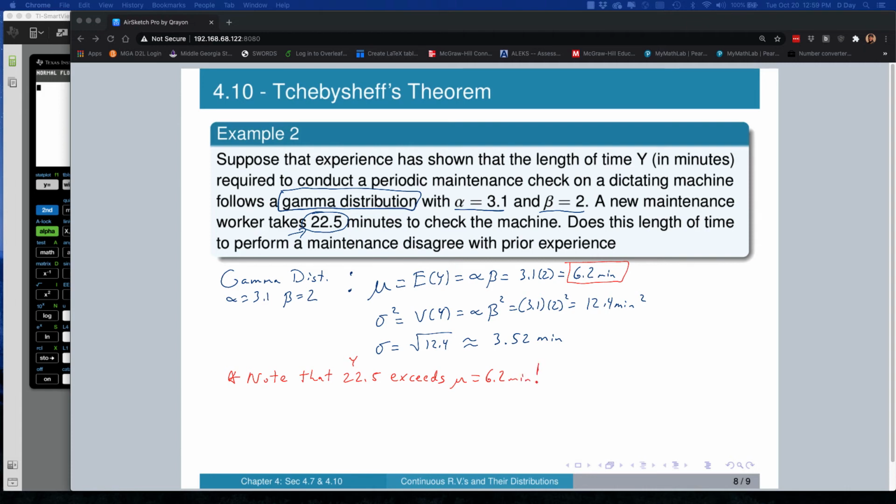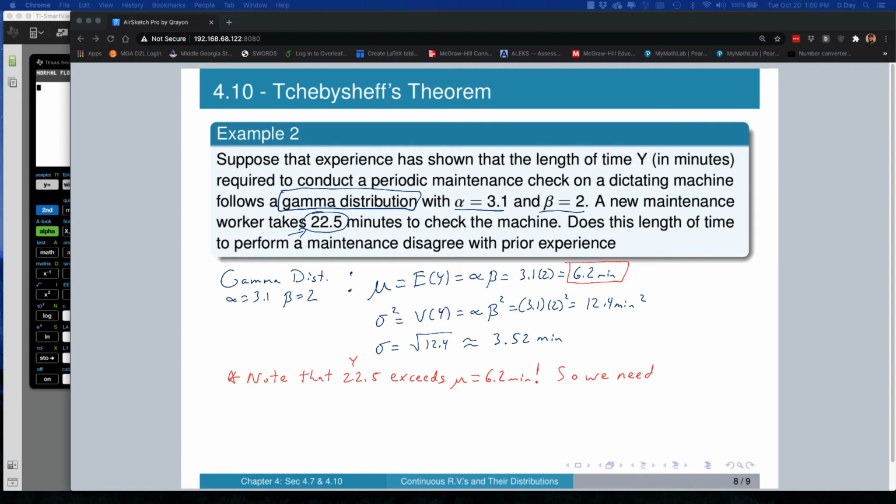So that's kind of important. Out of the two formulas we saw, we want to think about this as the one with the outer tails that I mentioned in the previous slide. So we want to know the probability of something falling around 22.5 or further. Let's see how unusual that is.